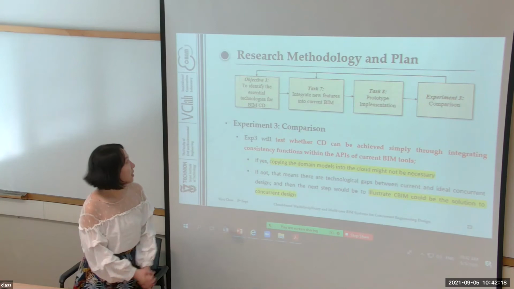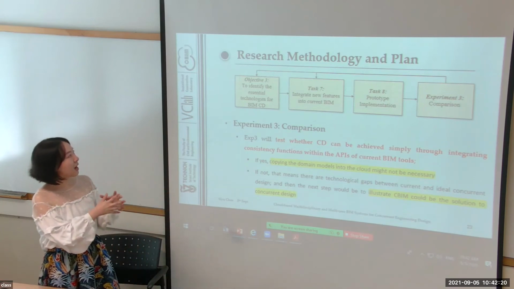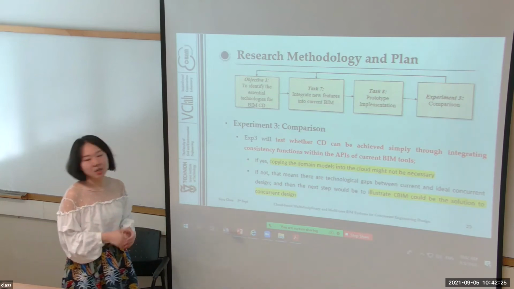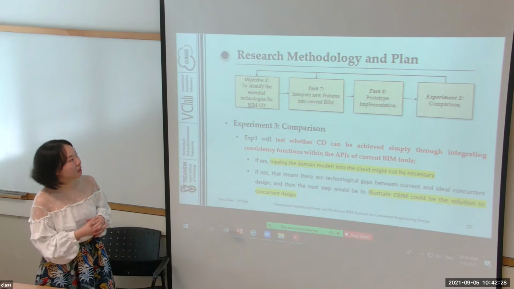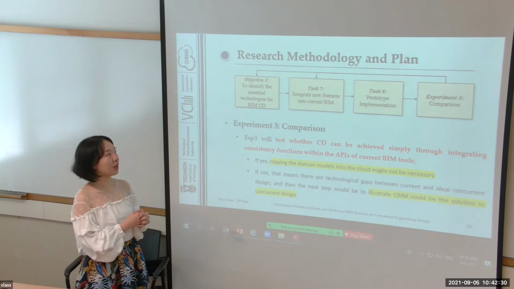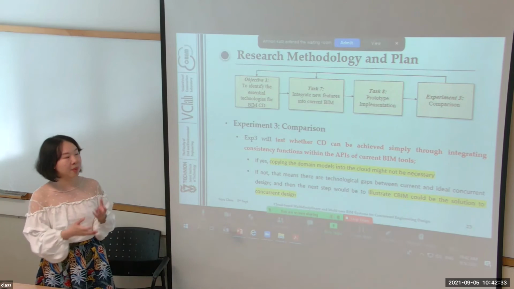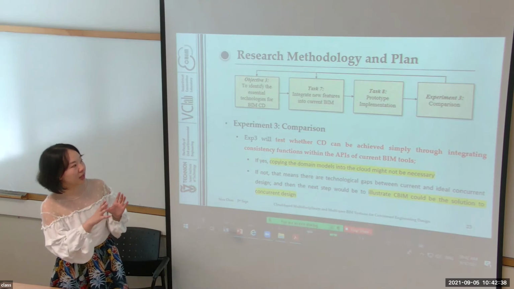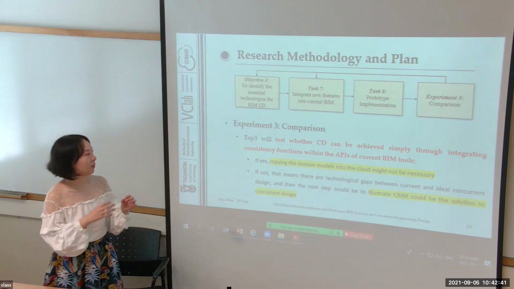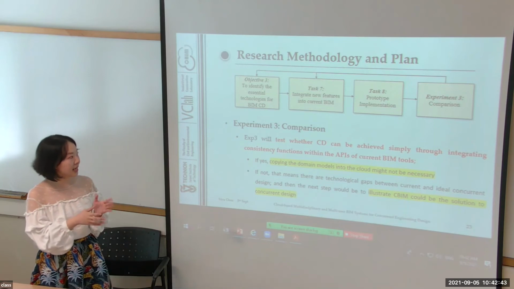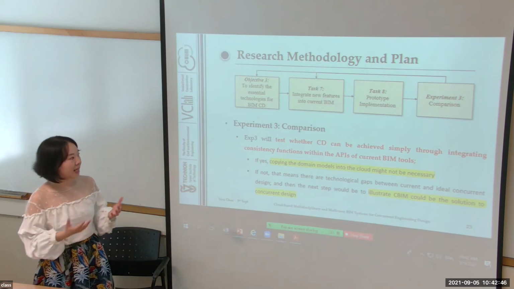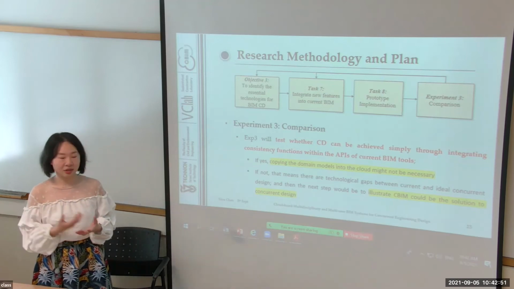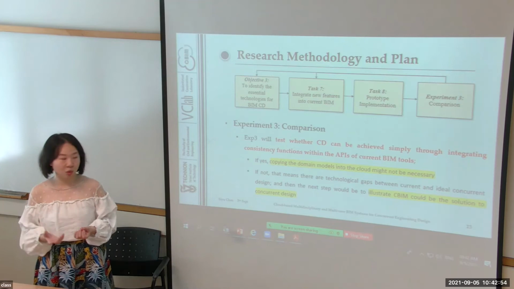And the last objective would be to identify the essential technology for BIM concurrent design. To do this, basically I will need to integrate new features into the current BIM system by designing some APIs. And then I will implement it for the experiment. This experiment will test whether concurrent design can be achieved simply through integrating a consistency function within the APIs of current BIM tools.